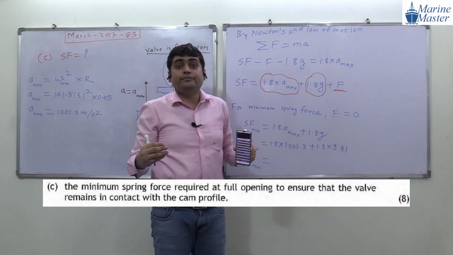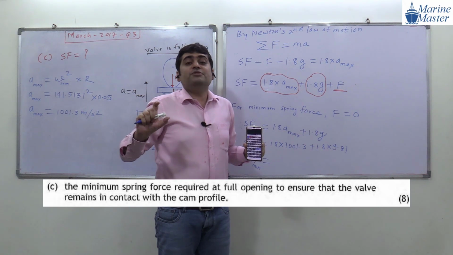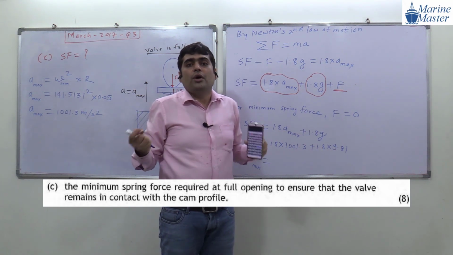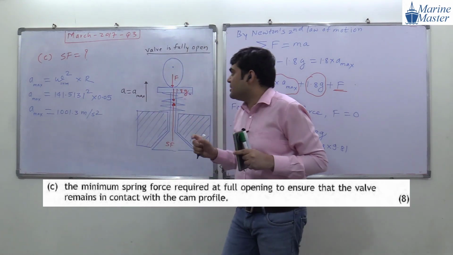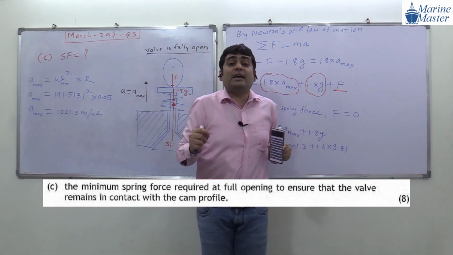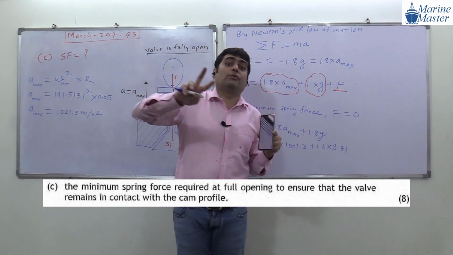Means we can say minimum value of maximum spring force, when the spring is compressed, when the wall is fully open. So here we are calculating the lowest value of maximum spring force, if you want to compare.